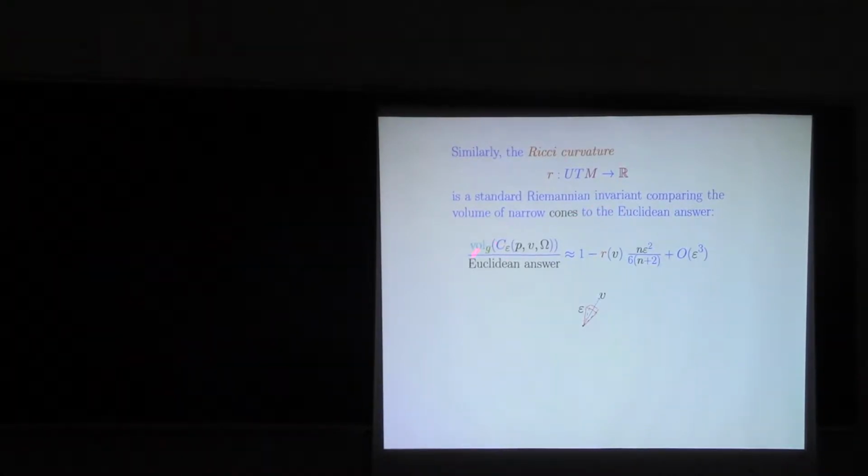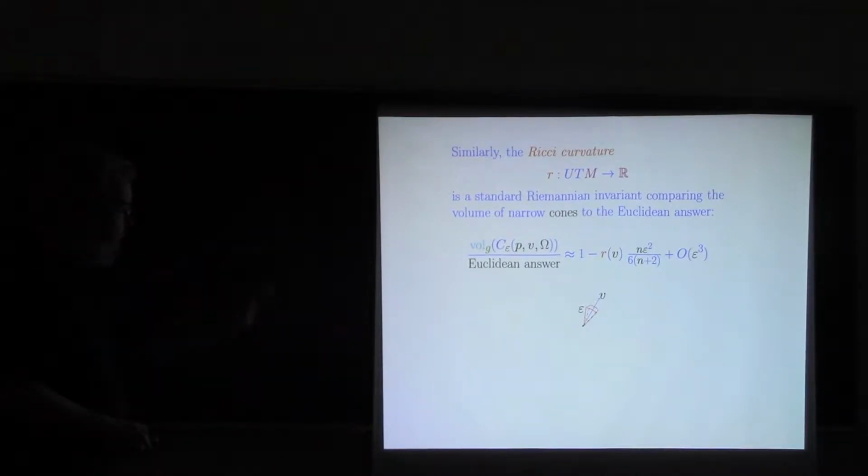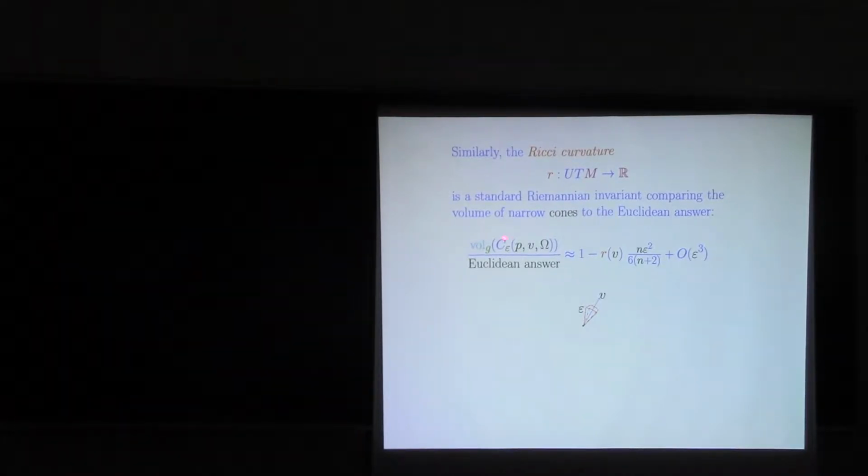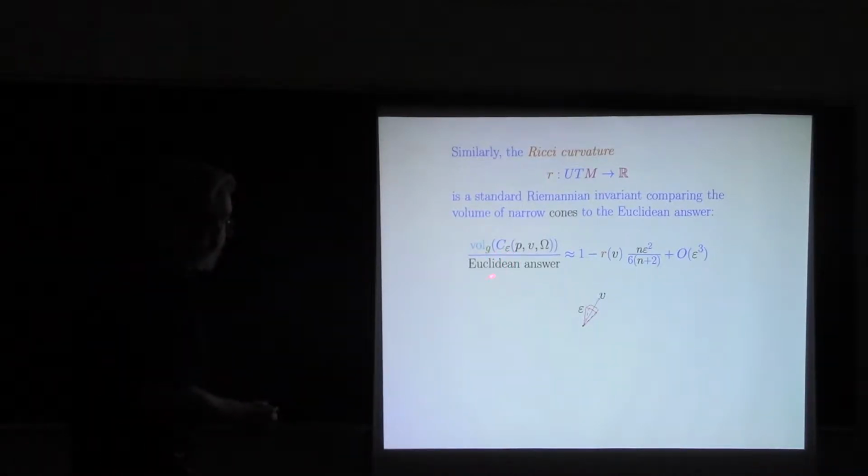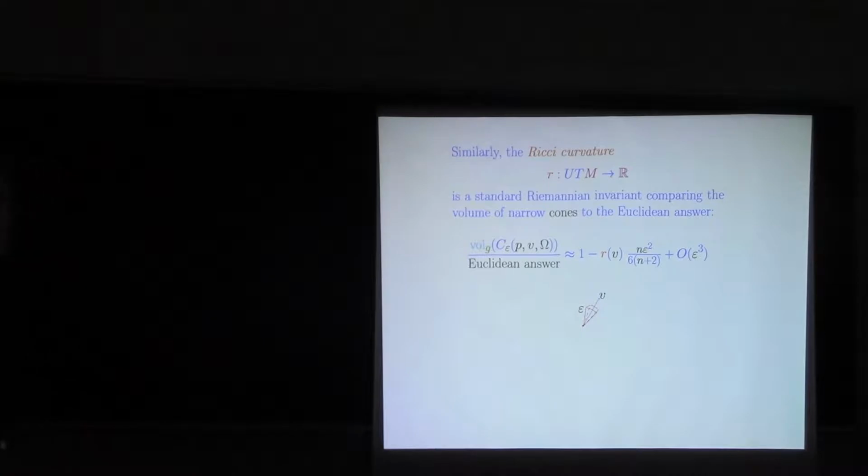In the same spirit as before, you assume that the spherical angle it subtends is very small, and for fixed spherical angle, consider how its volume depends upon the radius epsilon.